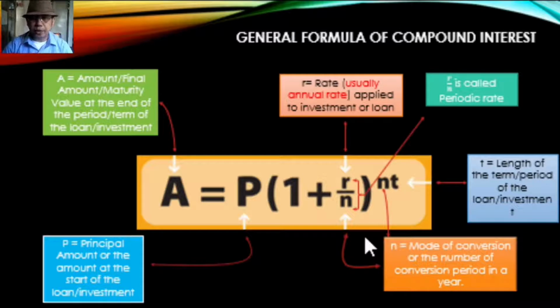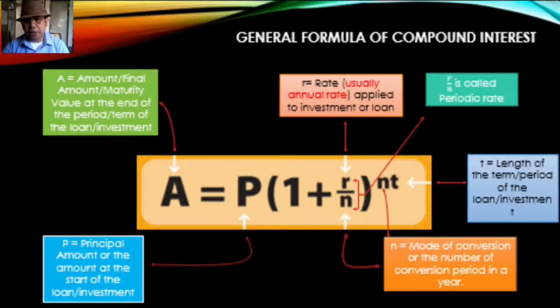So again, the general working equation for compound interest is A is equal to P multiplied by the quantity 1 plus the quotient of r over n raised to the product of n multiplied by t.